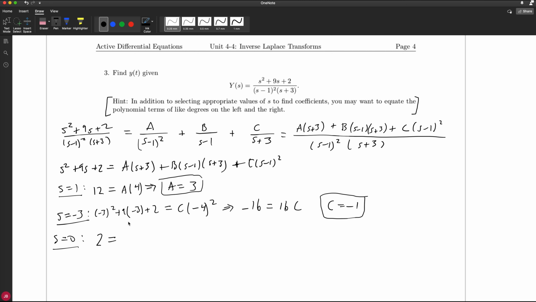If I plug in 0 to the right-hand side, I get A, which is 3 times 3, plus B, and now I get minus 1 times 3, plus C, which is minus 1 times minus 1 squared. And so let's see what that tells me. I get 2 equals 9 minus 3B minus 1, right? And so solve for B, you get B equals 2.